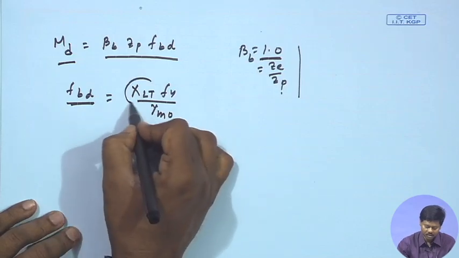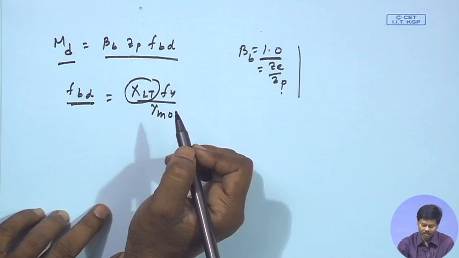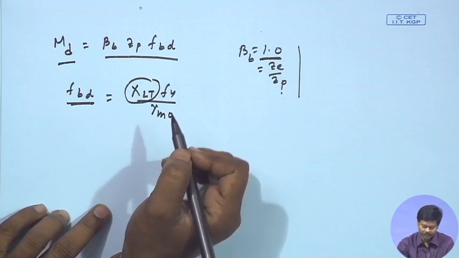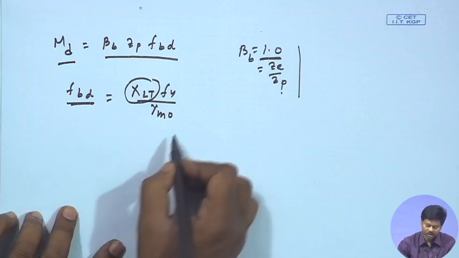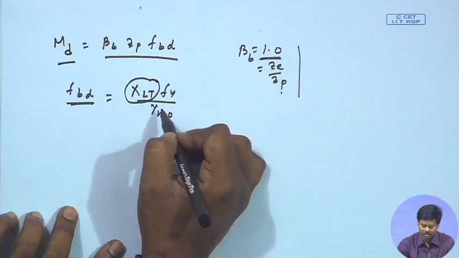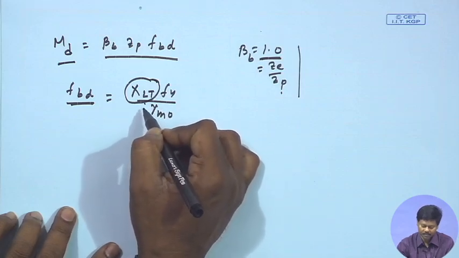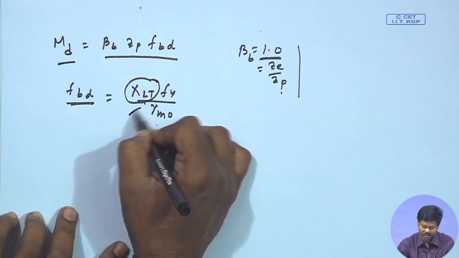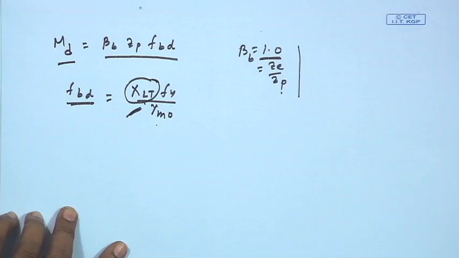This is the bending stress reduction factor to account for lateral torsional buckling, where XLT is the bending stress reduction factor. So, what is the bending stress reduction factor, that we need to calculate.